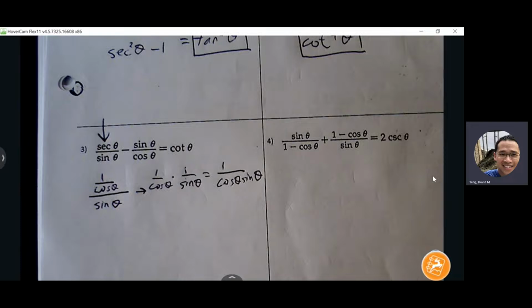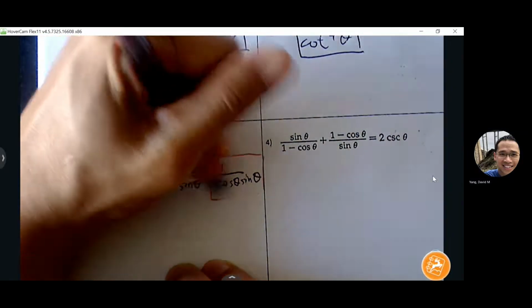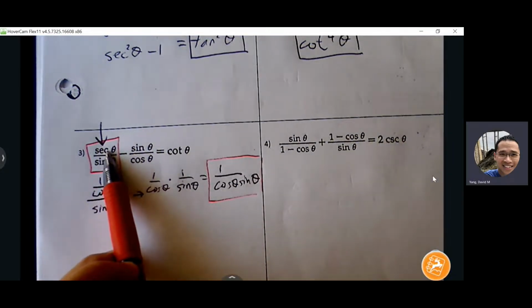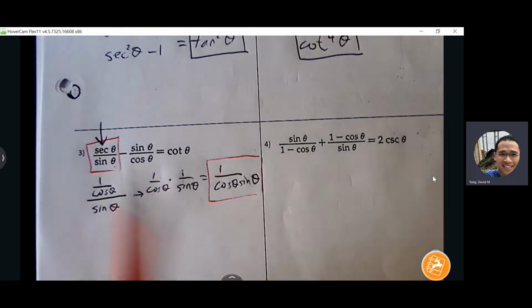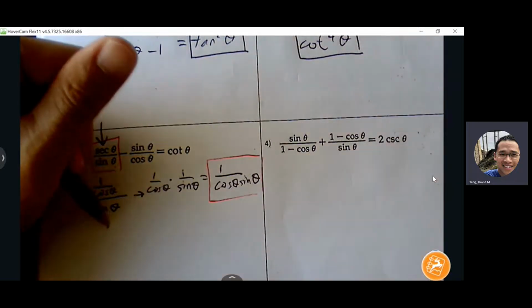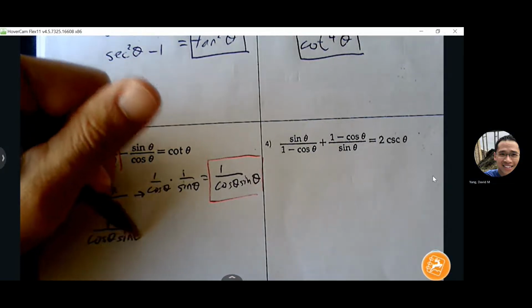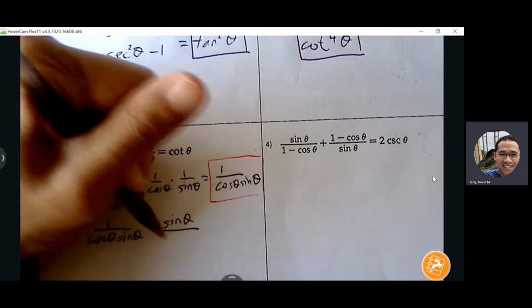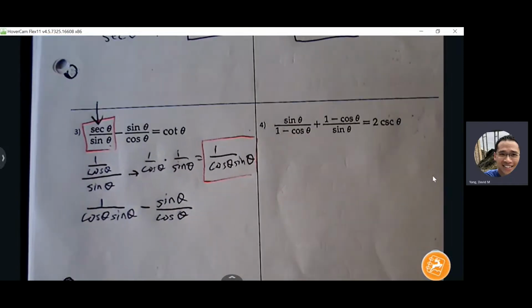My fraction has now turned into this. Or in other words, you can think of it as flipping that secant as cosine down to the bottom to share that space. So now this is what I have: 1 over cosine sine minus sine over cosine. Okay, feels a little bit cleaner. The denominator is a little messier, but at least everything's in terms of sine and cosine.